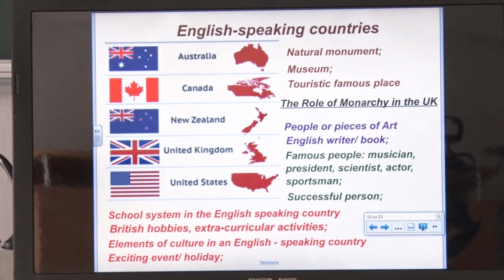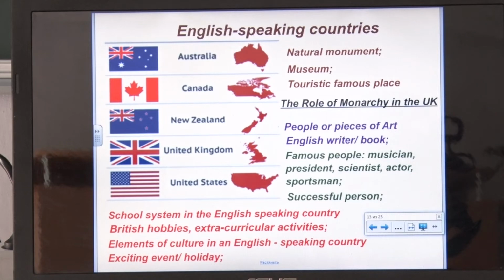You can be asked to write about a natural monument, a museum, a touristic famous place, and of course you know that the king or queen of the English-speaking countries is the United Kingdom of Great Britain and Northern Ireland. Here you may be asked to write about the role of the monarchy in the UK. People or pieces of art, modern art, can be asked to write about also.